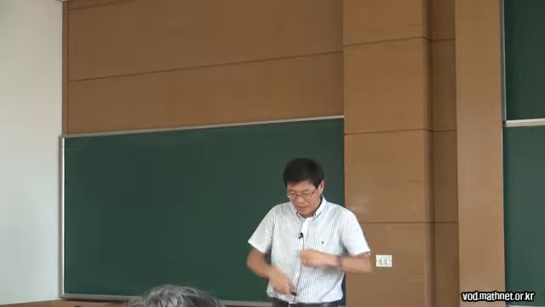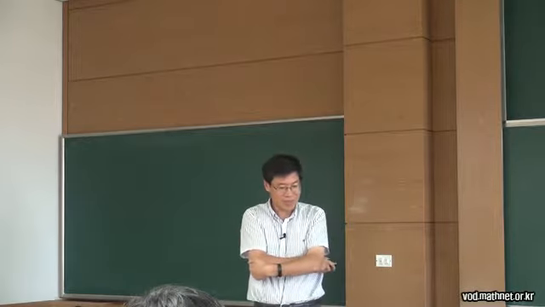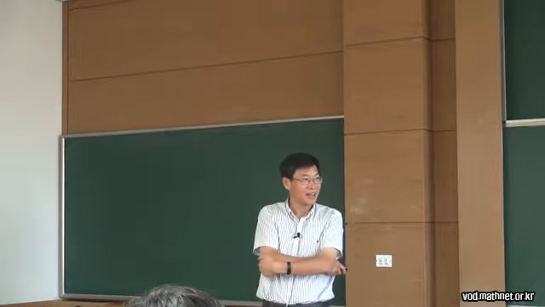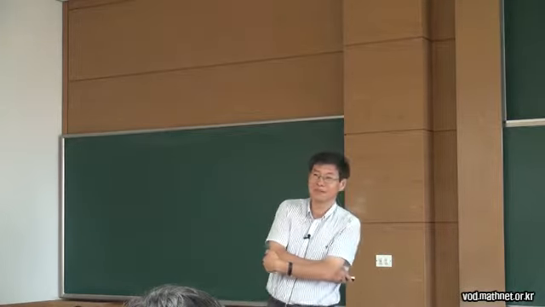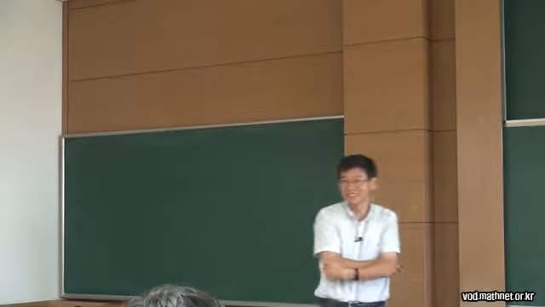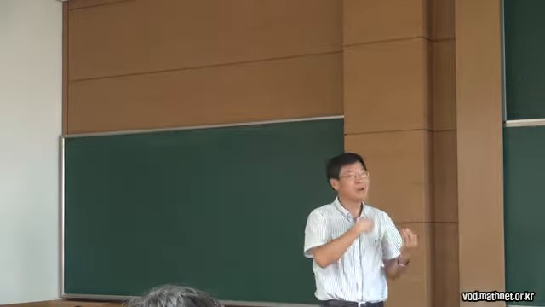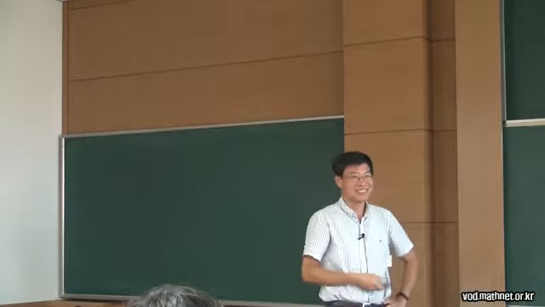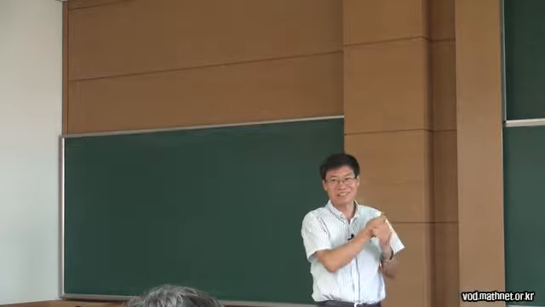But when I gave a talk about this last year in China, my talk became very terrible. The reason is when I tried to explain the construction, it seemed everybody got lost.